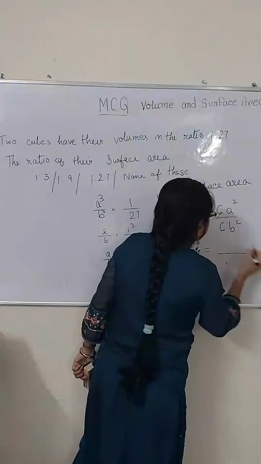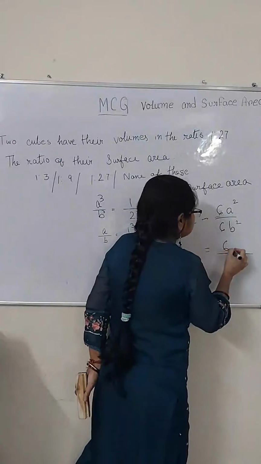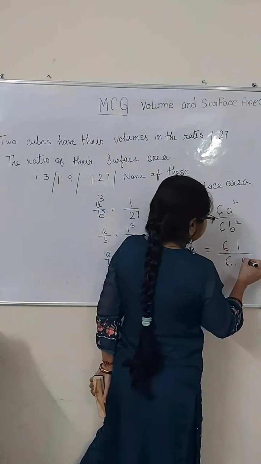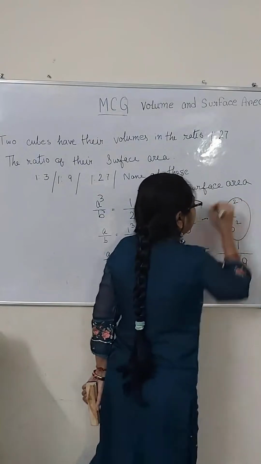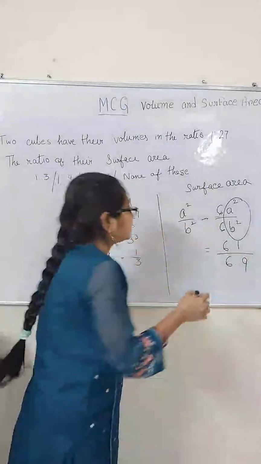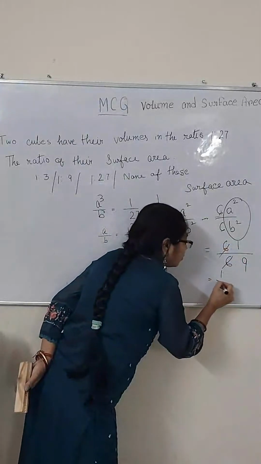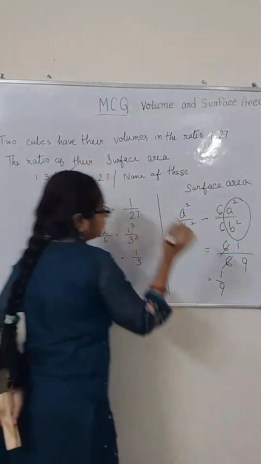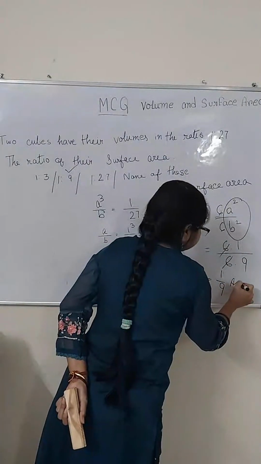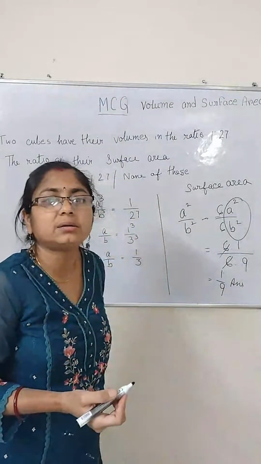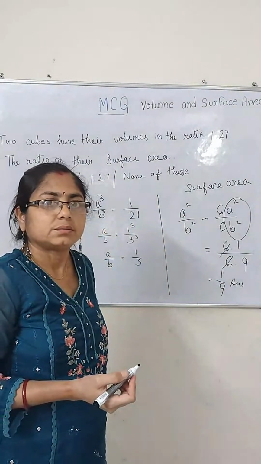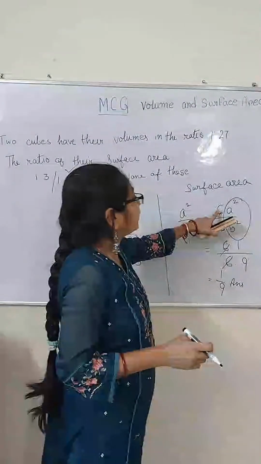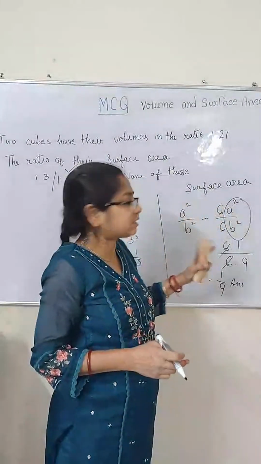Now I think it is easier. 6, 1, 9. Put the values of A square, B square. Then 6 cancels, 1/9. Okay, it is the second option. Is it clear? Surface area is always square. So you can write here in this way. I think it is easy for you.